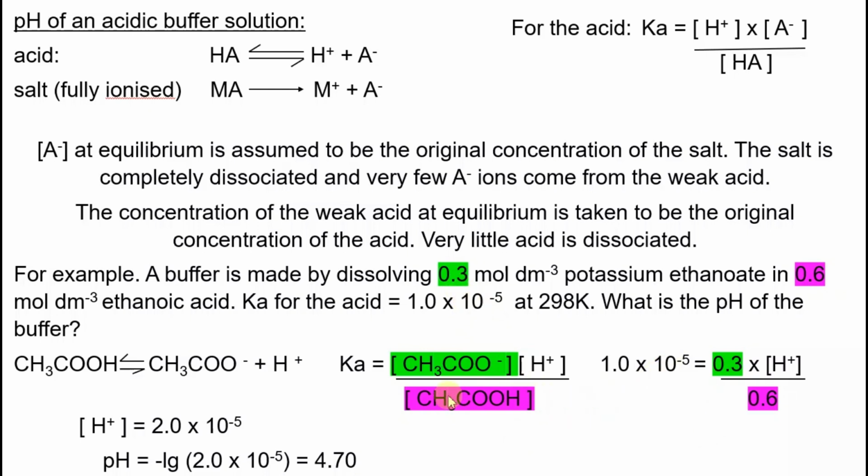I'm substituting my value for the concentration of the acid at equilibrium as being 0.6. Now I have an equation where the only unknown is the concentration of hydrogen ions. It falls out. Hydrogen ion concentration is 2.0 times 10 to the negative 5. From there, pH is negative log of the hydrogen ion concentration, which turns out to be 4.70.